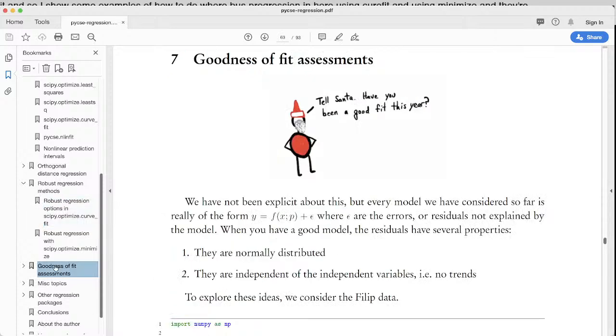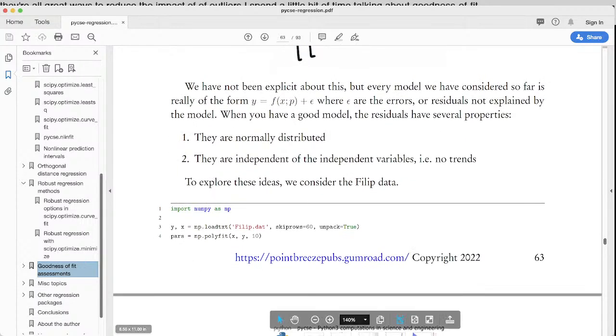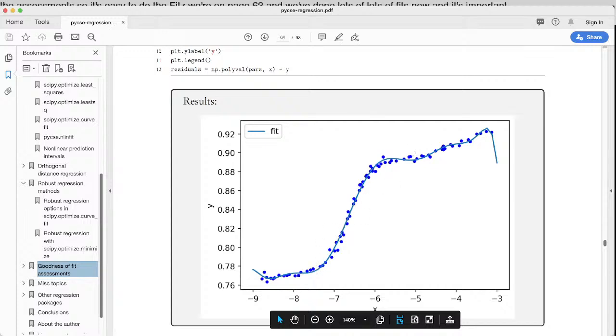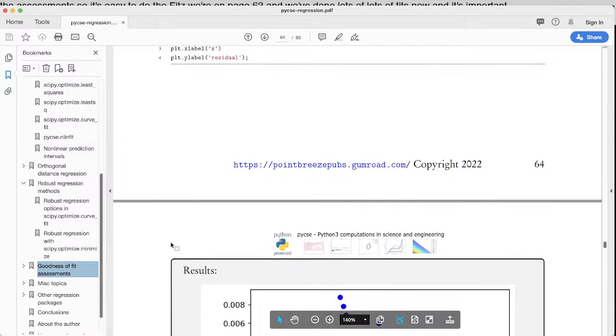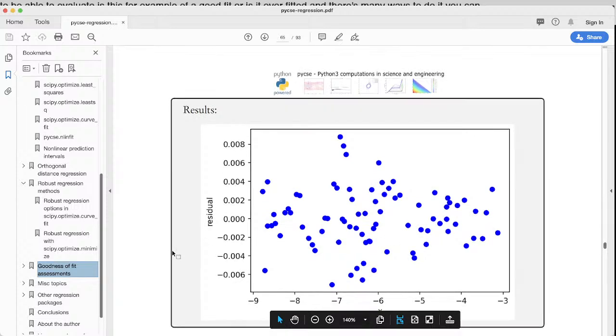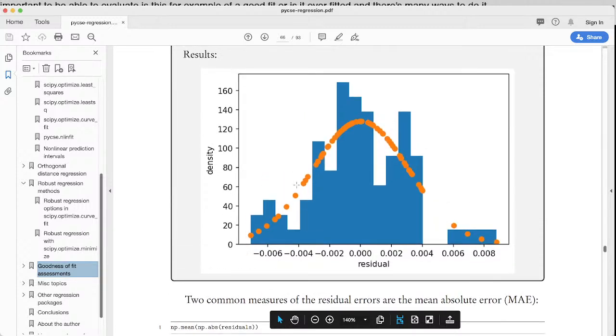I spend a little bit of time talking about goodness of fit assessments. So it's easy to do the fits. We're on page 63, and we've done lots of fits now. And it's important to be able to evaluate, is this, for example, a good fit, or is it overfitted? And there's many ways to do it. You can look at the residuals. So we talk about that. These look like they're kind of randomly scattered. And you can see here it's at least approximately Gaussian distributed.